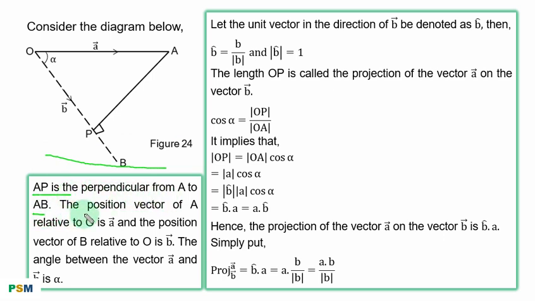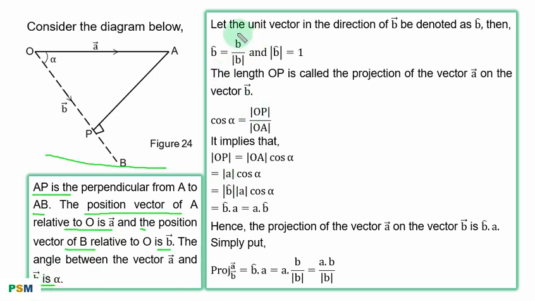The position vector of A relative to O is vector A, and the position vector of B relative to O is vector B. The angle between vector A and vector B is alpha.